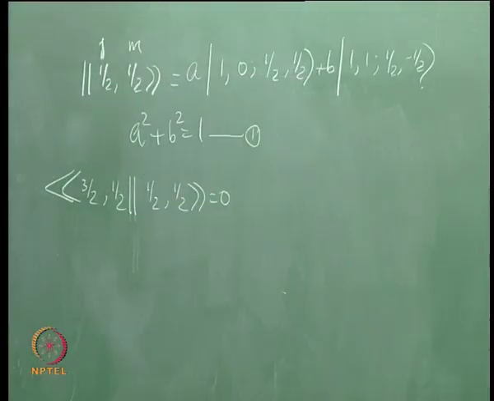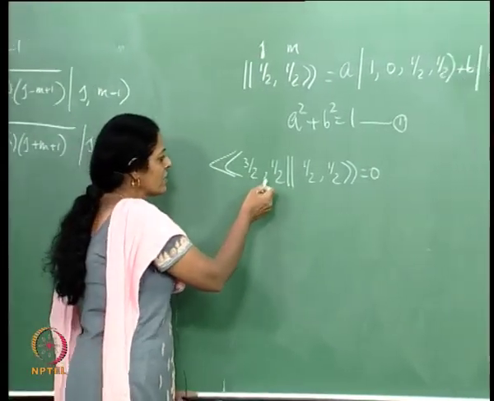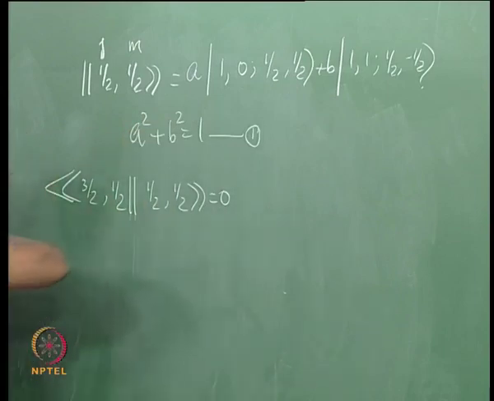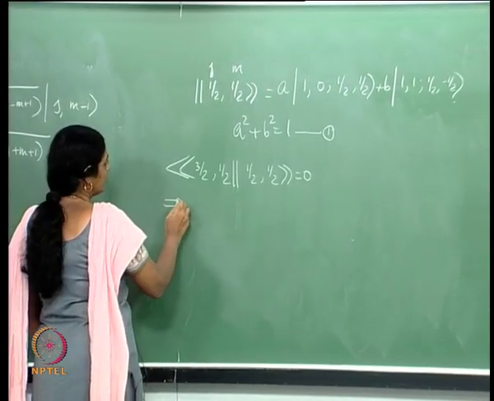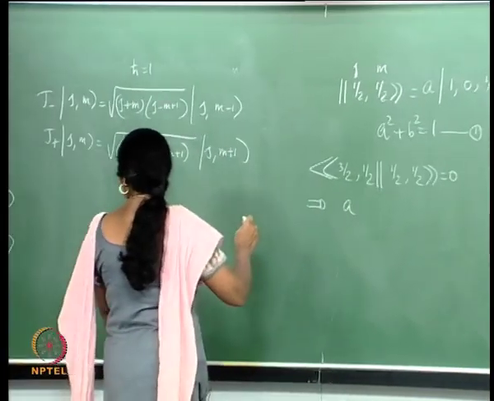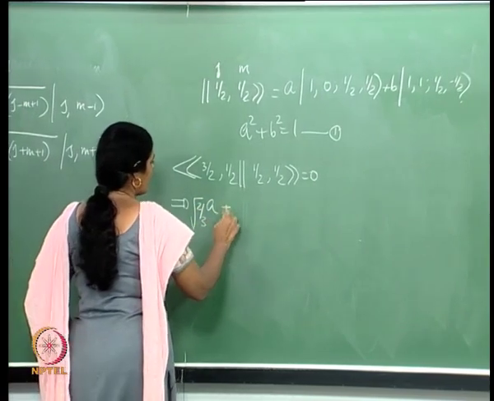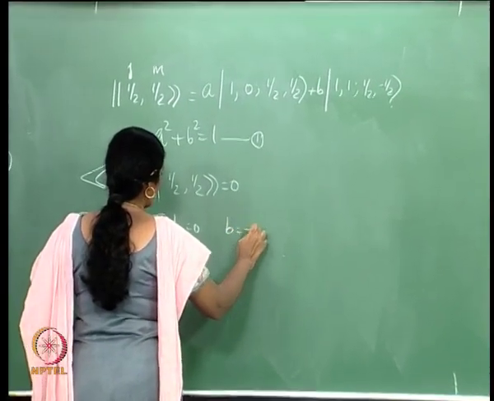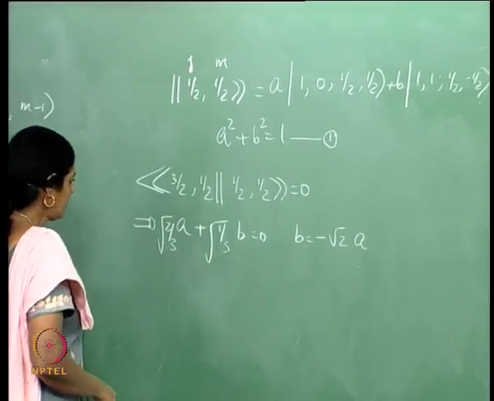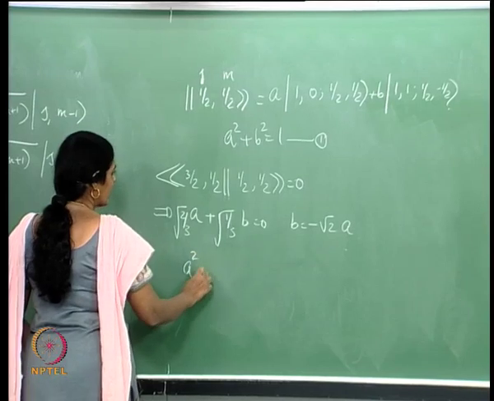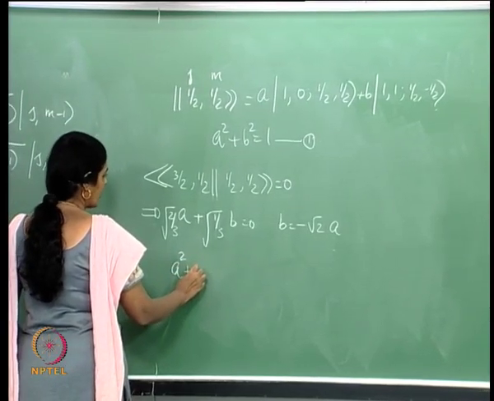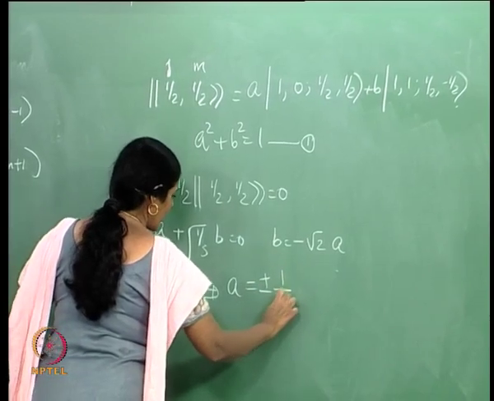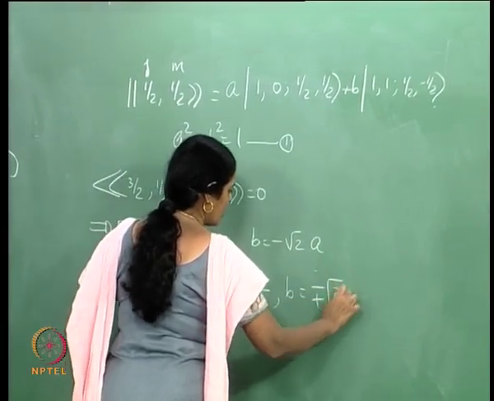Of course, all these states are orthogonal to half comma half, but what is of relevance is the fact that 3 by 2 half is orthogonal to half half, because in the uncoupled basis they are superpositions of the same states, and this implies that root of 2 by 3 A plus root of 1 by 3 B equals 0, or B is minus root 2 A. So I have A squared plus B squared, and that gives me 3A squared equals 1, which gives me A is plus or minus 1 by root 3, which tells me that B is minus or plus root of 2 by 3.